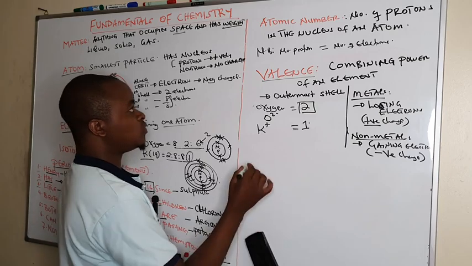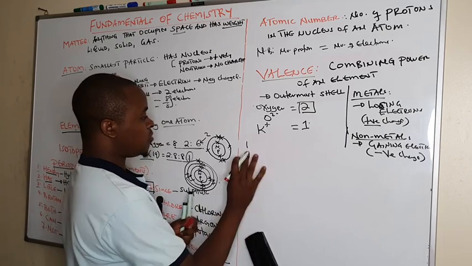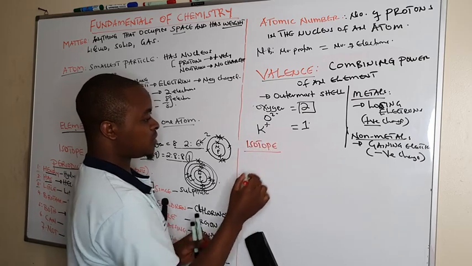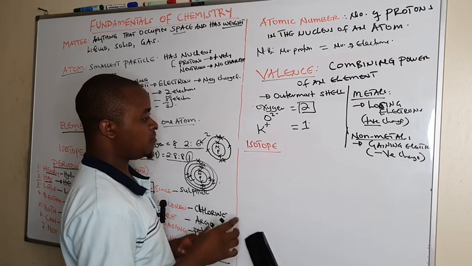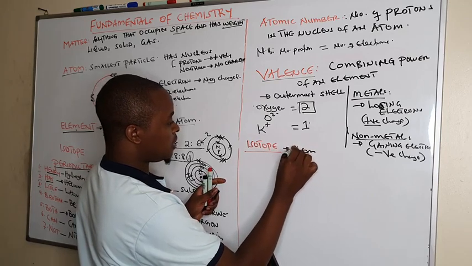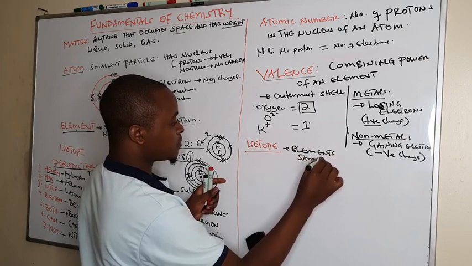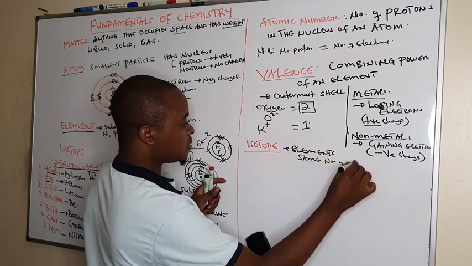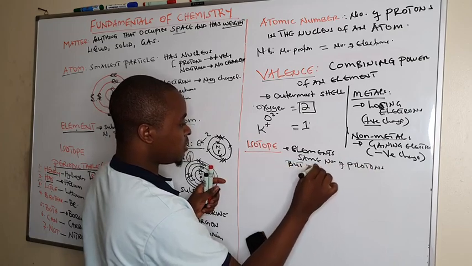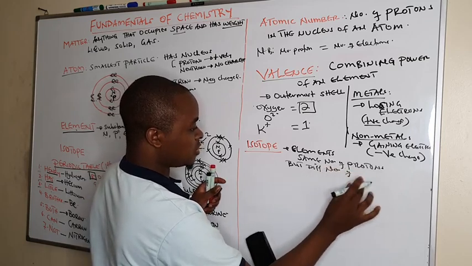Then this one shall lead us into what we call isotope. You need to know what an isotope is. An isotope is an element, and these elements have the same number of protons but different number of neutrons.